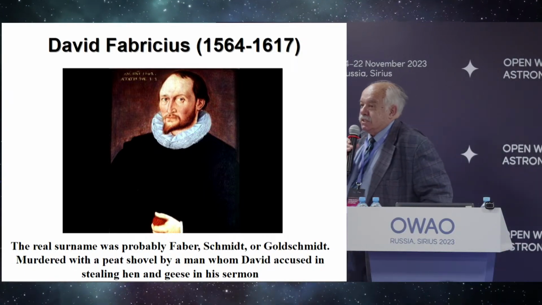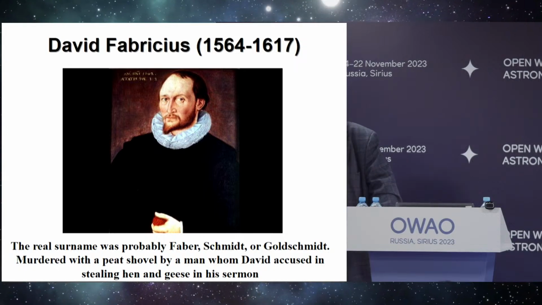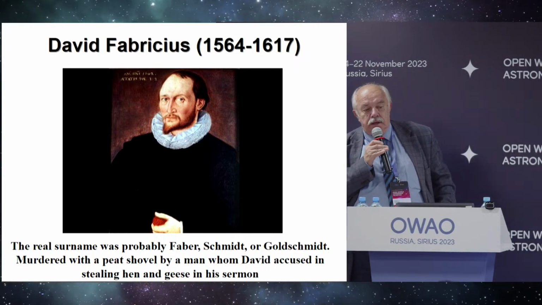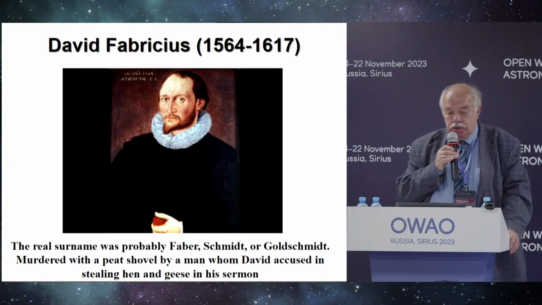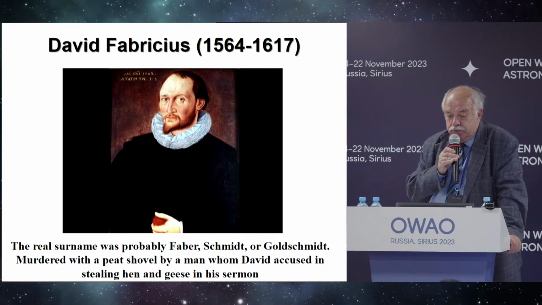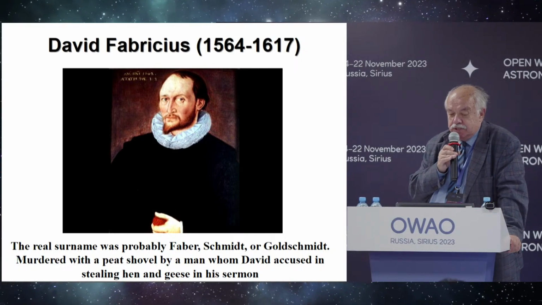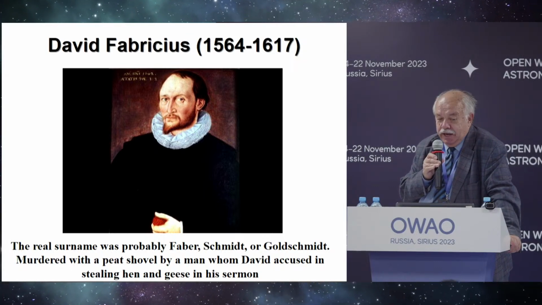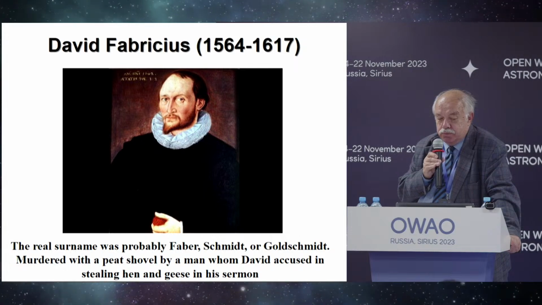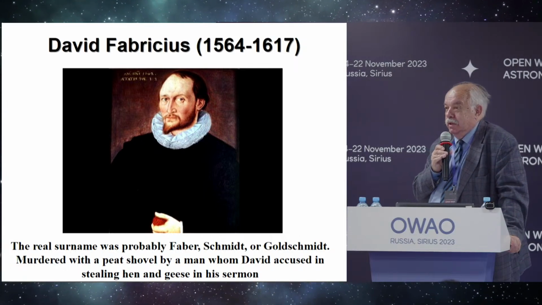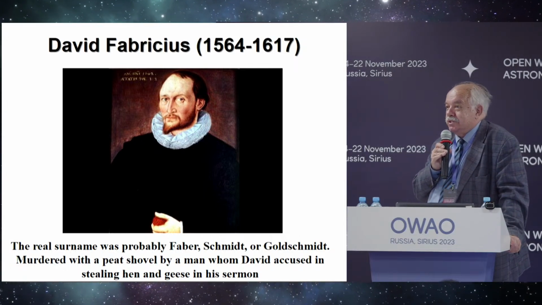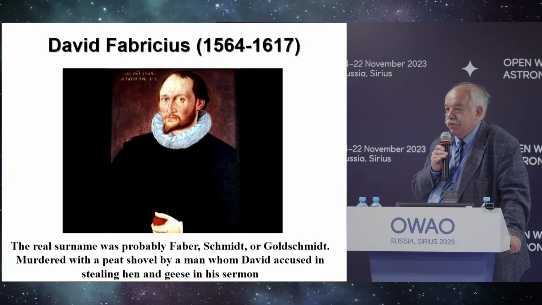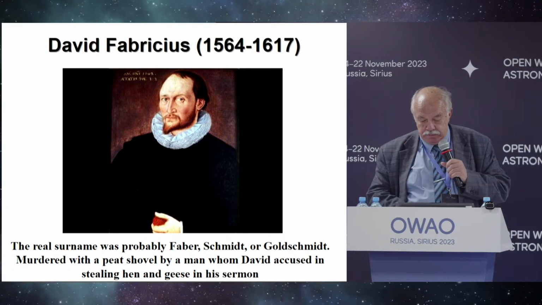And he was a pastor, a Protestant priest, and preaching in his church, he accused someone of stealing hens and geese. And that guy just murdered him with a peat shovel. Very terrible fate of this interesting man.